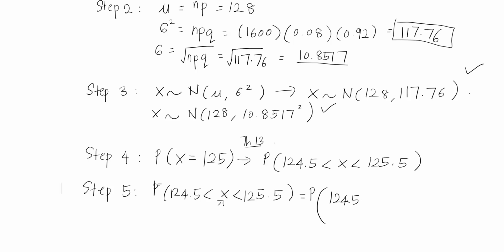It's minus our mean, which is 128. Then we have Z for 125.5 minus 128, all over the standard deviation. Now you must be aware of this variance.